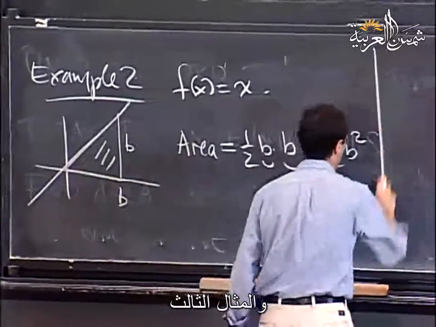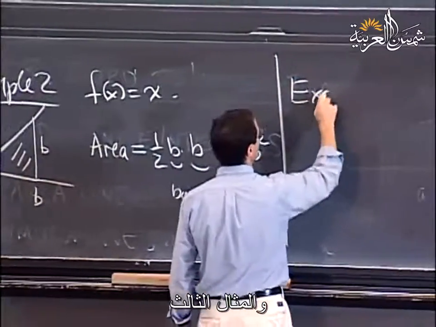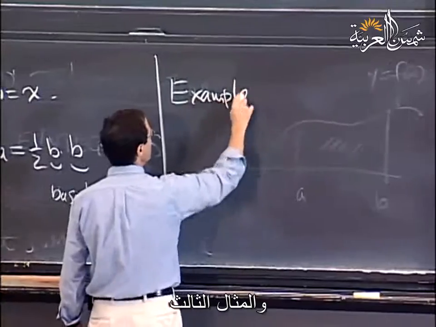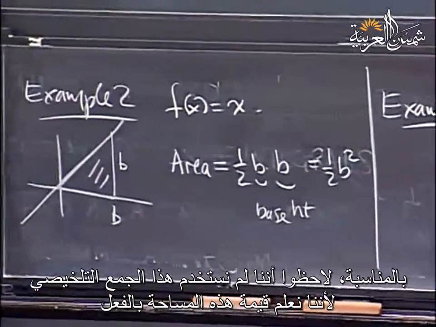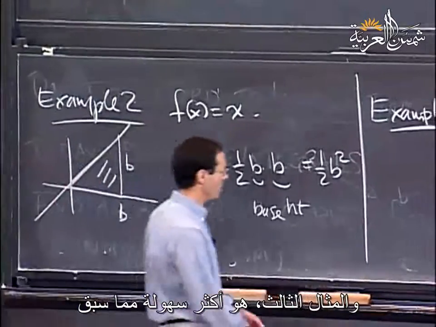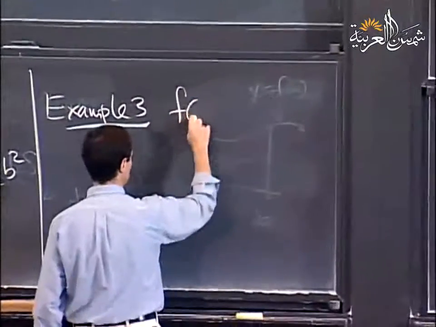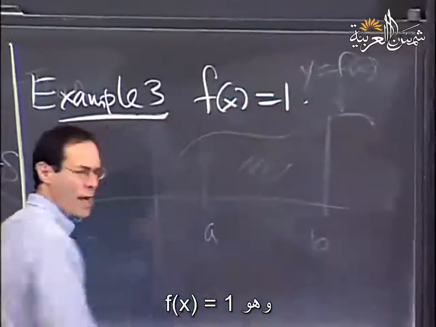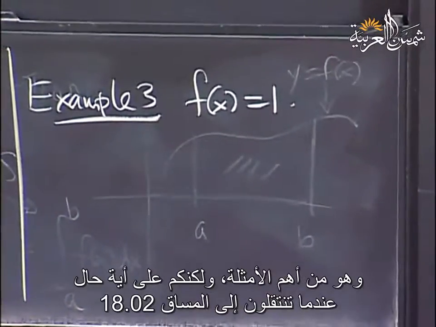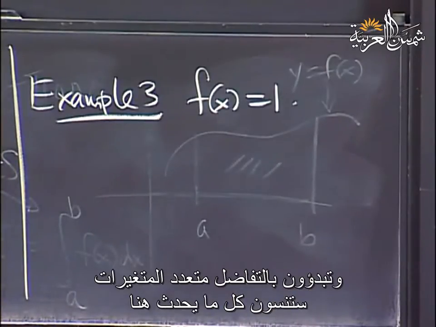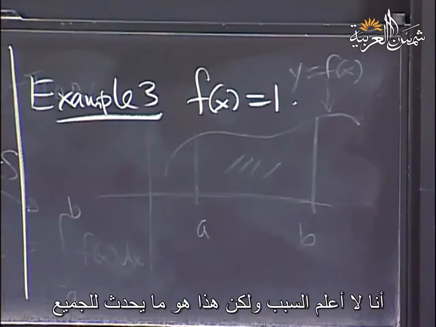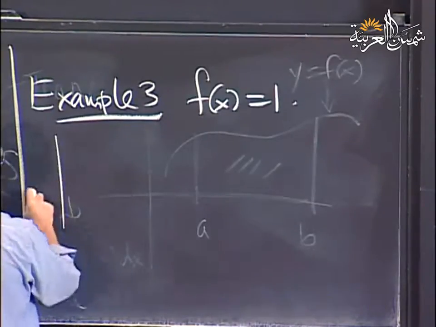Notice, by the way, I didn't have to do this elaborate summing to do that because we happen to know this area. The third example is going to be even easier. f of x is equal to 1, by far the most important example. Remarkably, when you get to 18.02 in multivariable calculus, you will forget this calculation somehow. And I don't know why, but it happens to everybody.